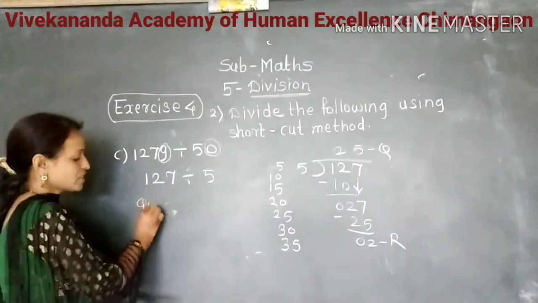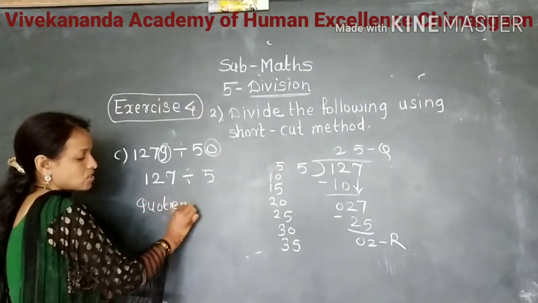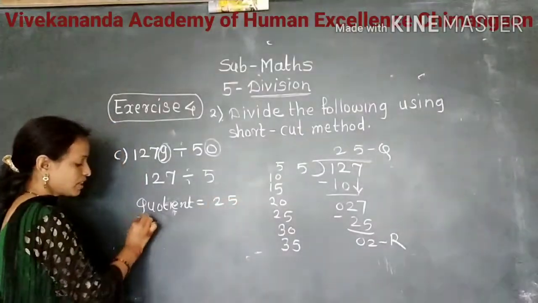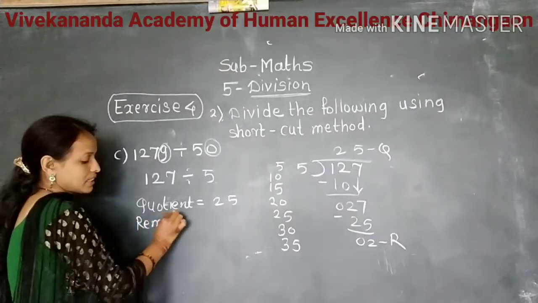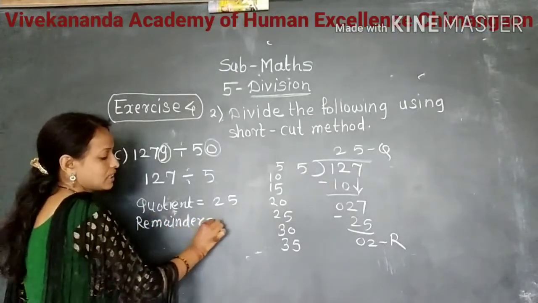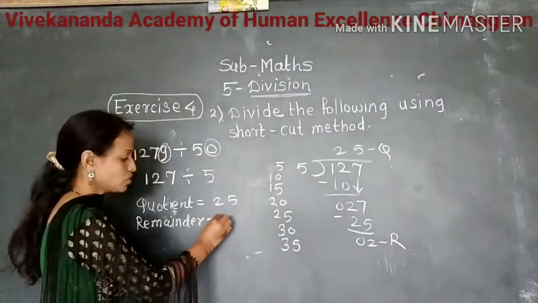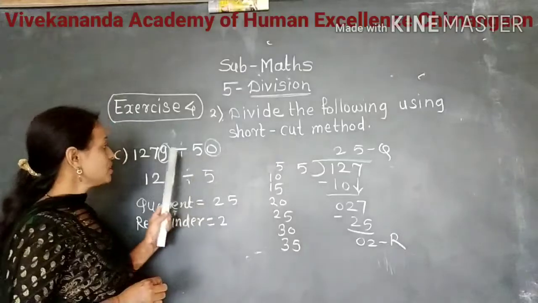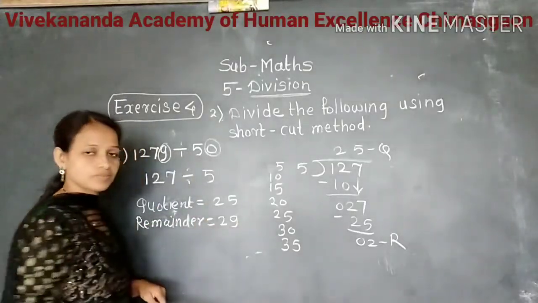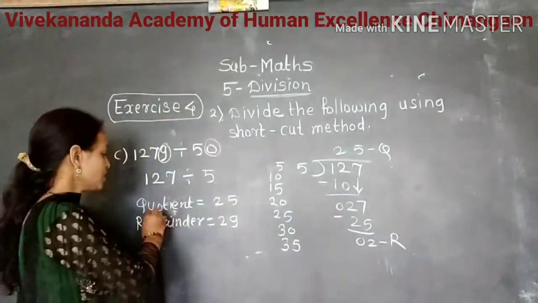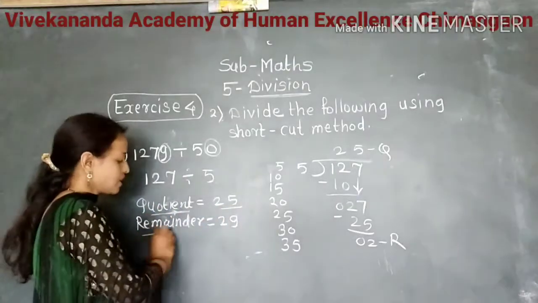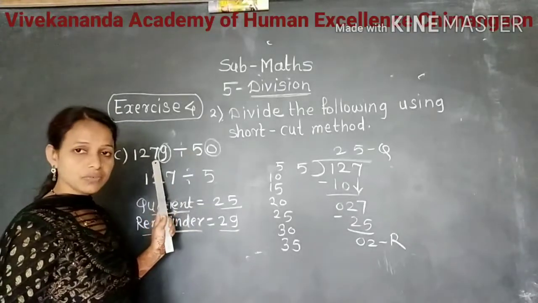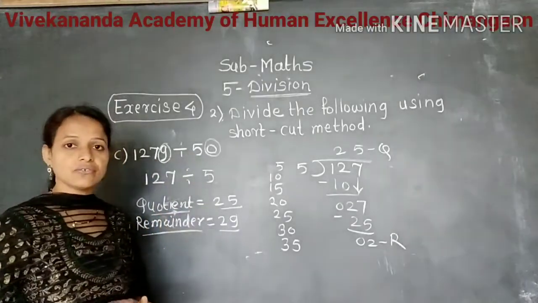So the actual quotient is 25. For the remainder, write this remainder 2 and then write in front of it the digit we removed from the dividend, 9. So we get quotient 25 and remainder 29 by the shortcut method when dividing 1279 by 50.